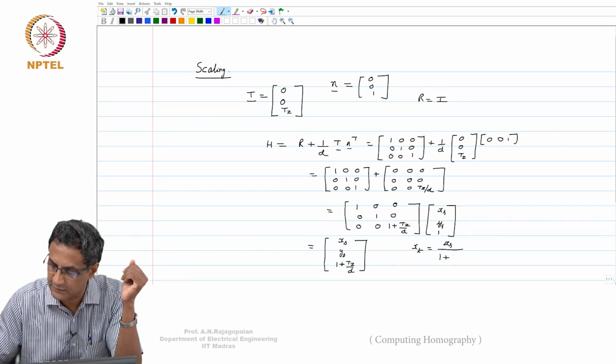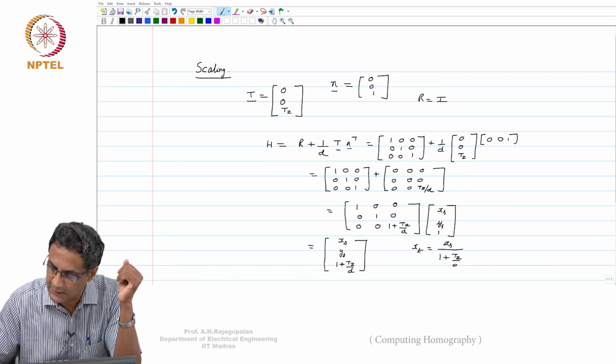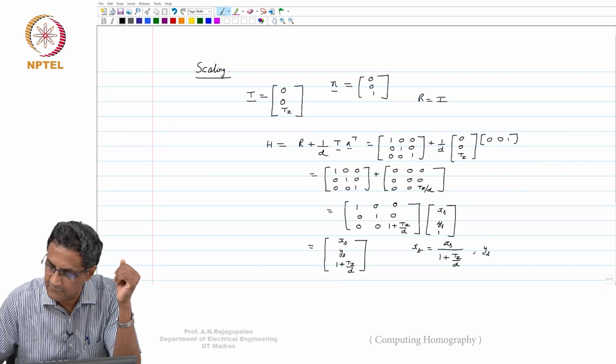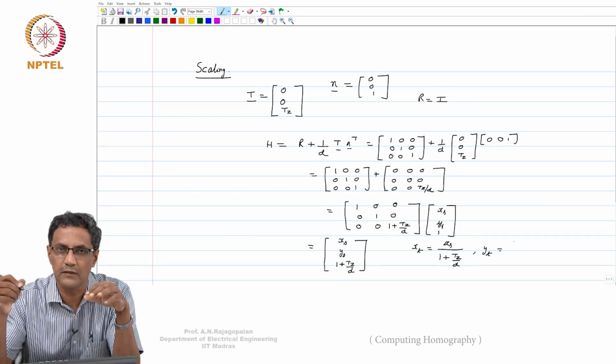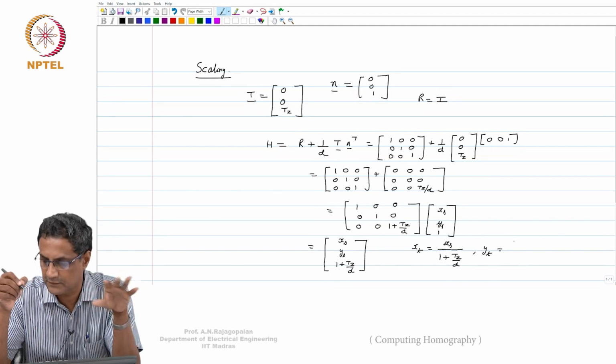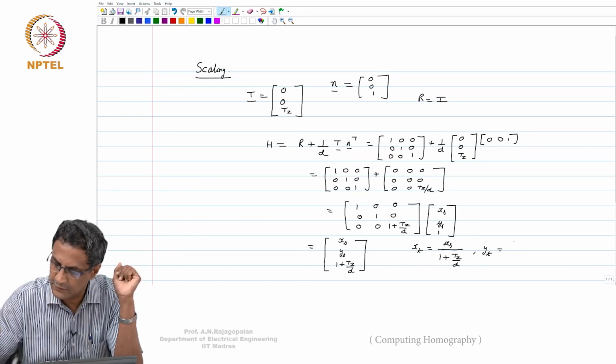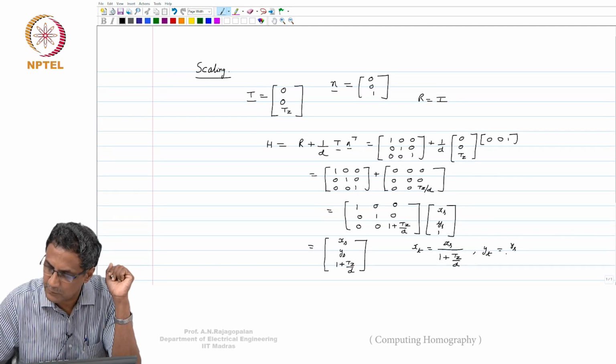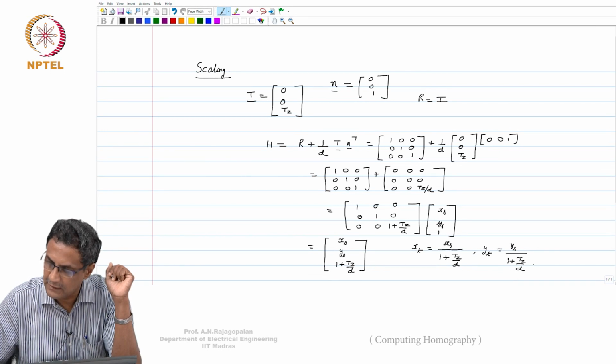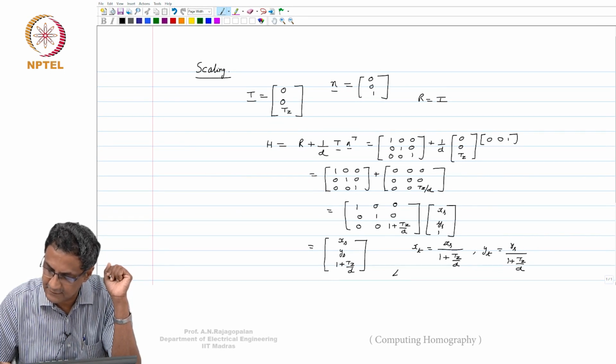You have to divide by the third component, which is 1 plus tz by d, and yt will then be, on the image grid, ys upon 1 plus tz by d. Imagine that a is equal to 1 by 1 plus tz by d.